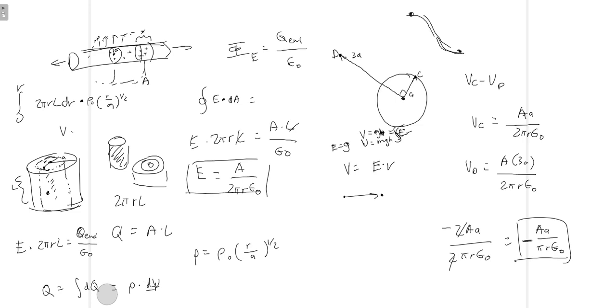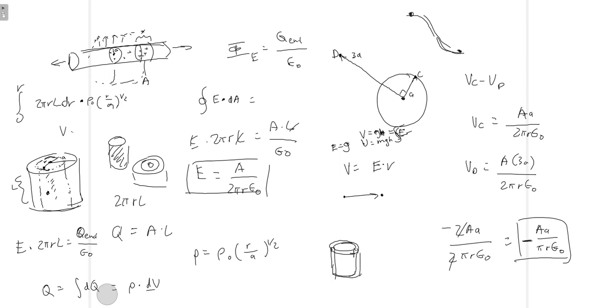If we see this as a cylinder, a small piece of volume is a small shell.